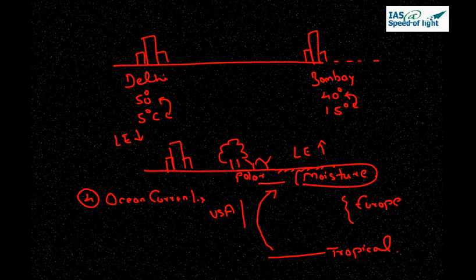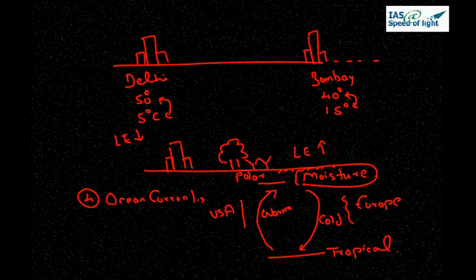tropics to the polars. Similarly, there is a cold current from the polar regions to the tropics. This cold current is making the tropical climates a bit moderate. Otherwise it would have been much hotter if these polar currents would not have been there.